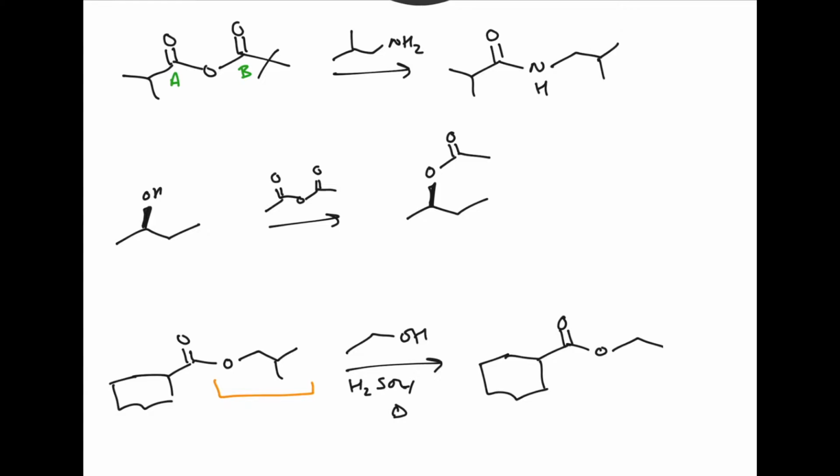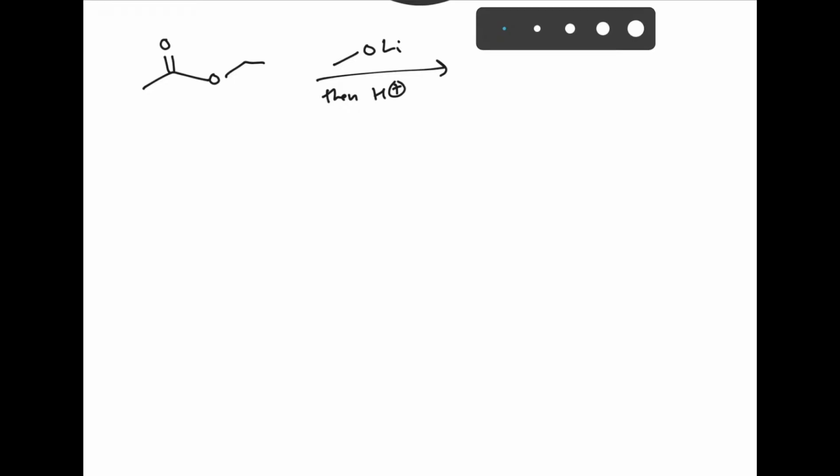We did the mechanism. We can also do them under basic conditions, where you have your ester and you have an alkoxide, and you can write then H plus, not always needed.